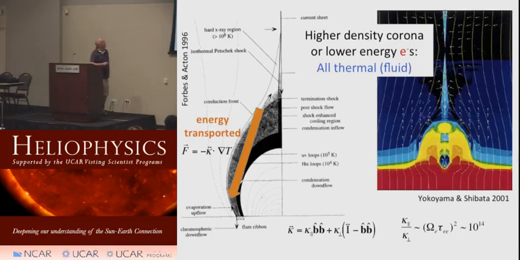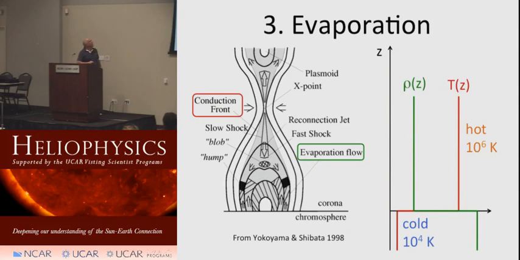So you get heat transported only along the magnetic field, but down the temperature gradient, from this 17 million Kelvin stuff down to the 100,000 Kelvin stuff there. Okay? This is thermal conduction, and it is what we're going to talk about driving the evaporation front.